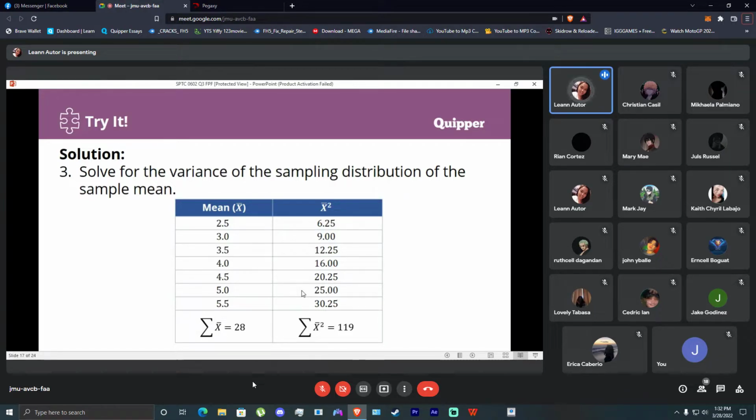If it is just this, then this is the population variance. This one is the variance of a sampling distribution of the sample mean. So we have 1. Therefore the variance of the sampling distribution is equal to 1.